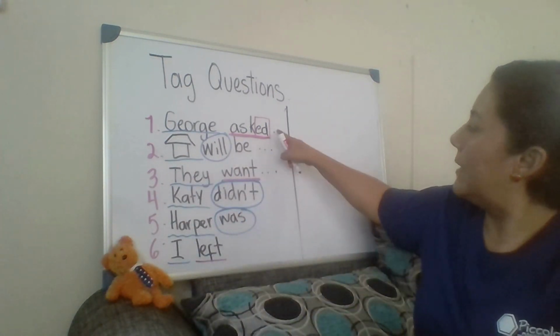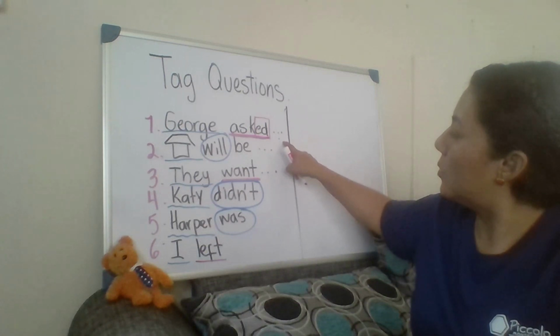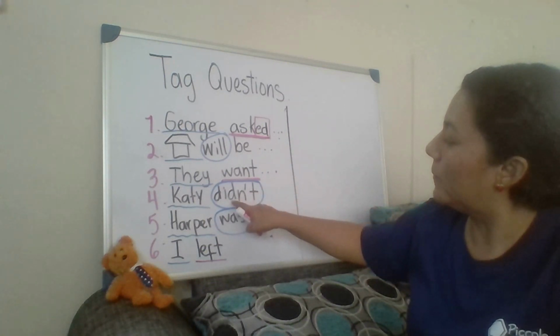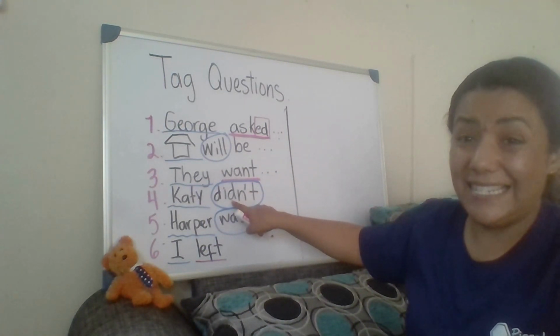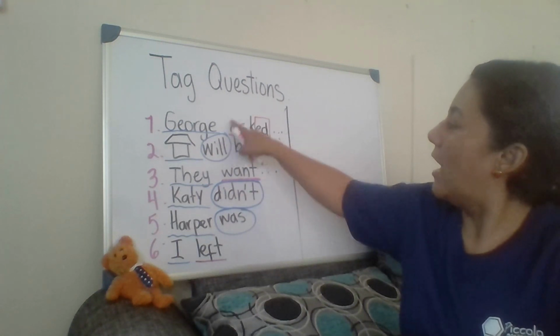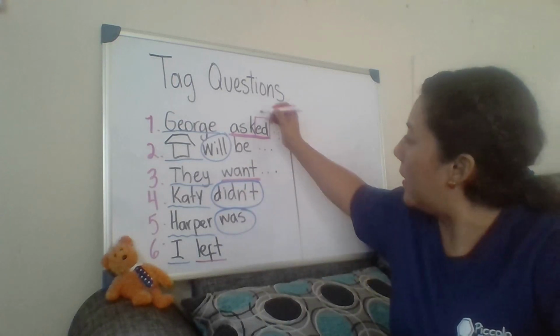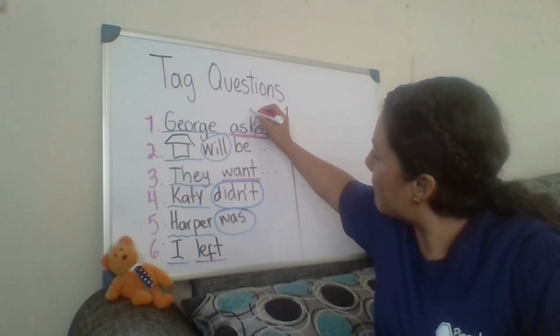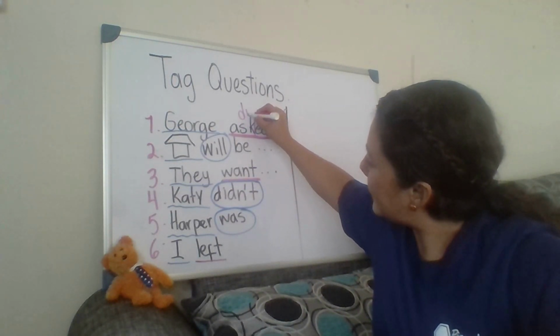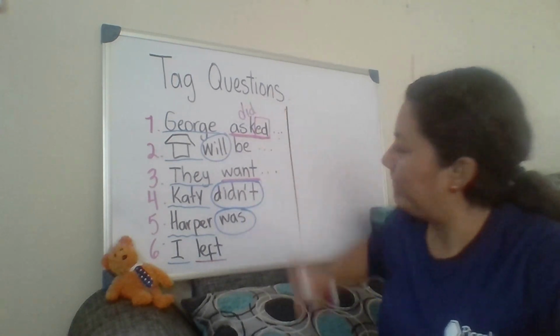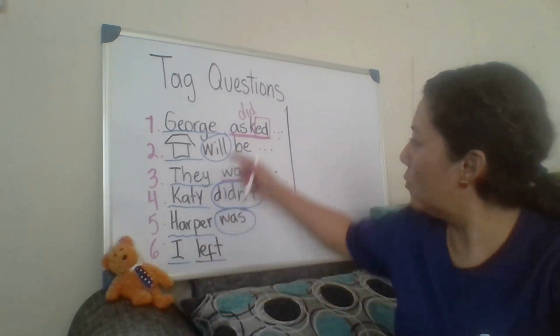Past. What is the helping verb for past? Did. Since this is affirmative, we only take the affirmative part. So the helping verb is did. Let's go to the next one.